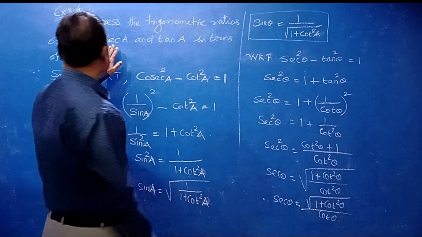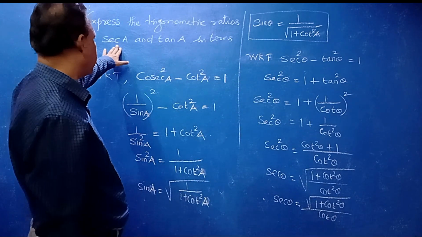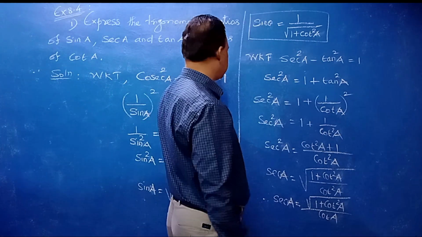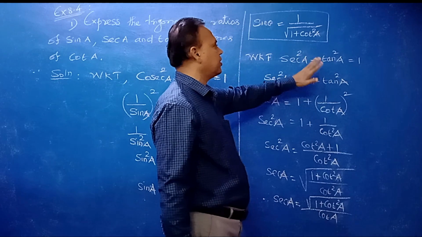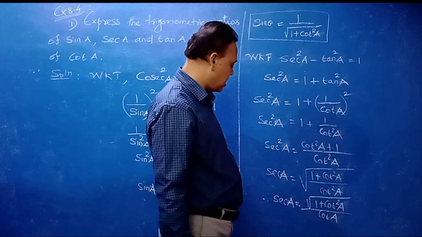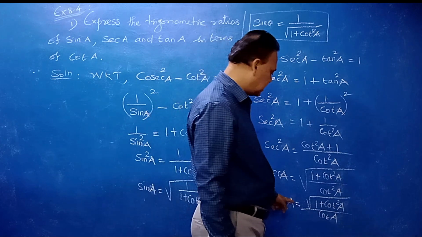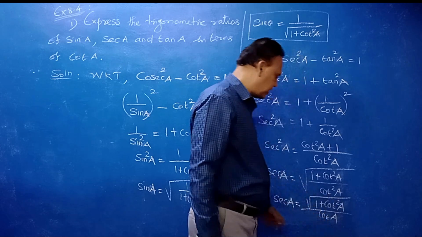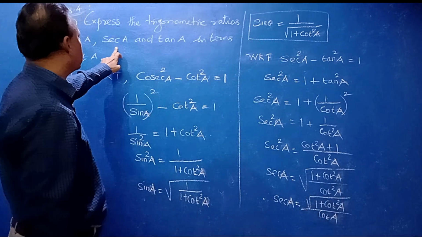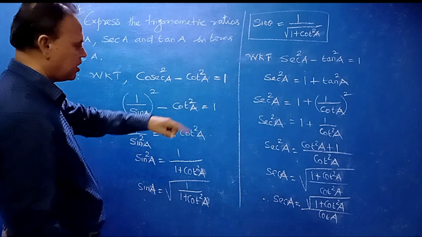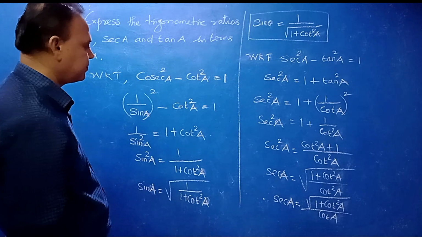Second one, secant A can be changed fully to A. In general we used to write theta, but when A is given, you write A everywhere. This secant A in terms of cot, we have written according to the problem: express the trigonometric ratio secant A in terms of cot A. We got it, right?